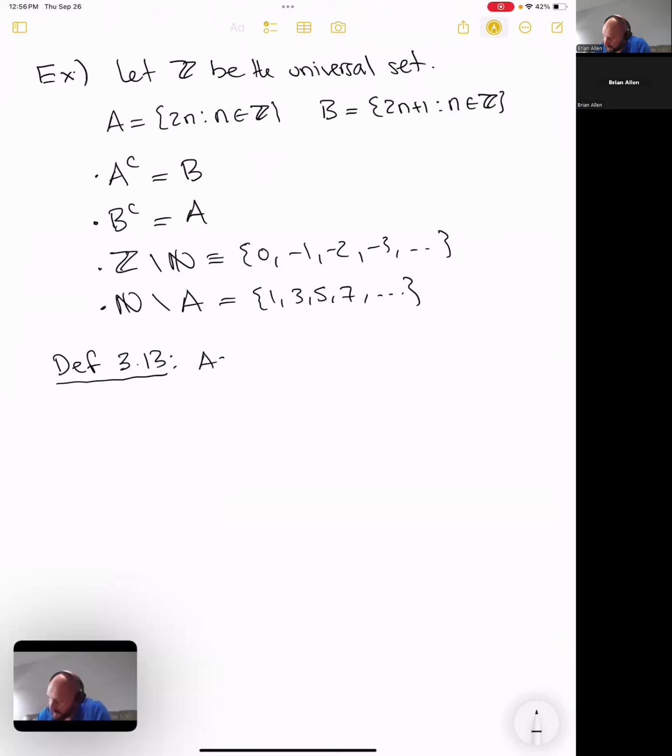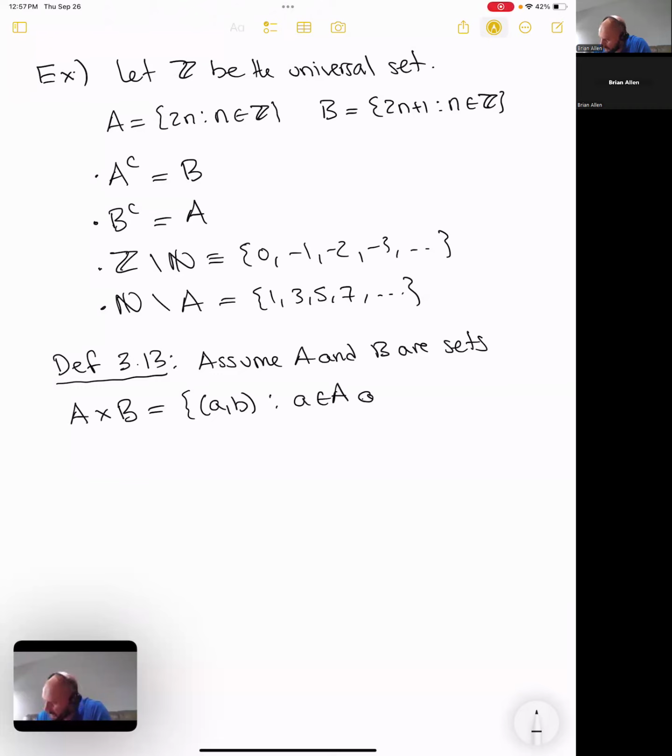So assume, again, that A and B are sets. Then I can take what's called the Cartesian product of these two sets, which is the ordered pair where A is an element of the first set and B is an element of the second set.